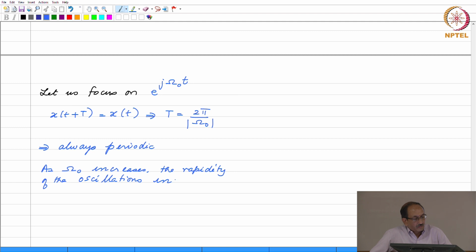It will also increase. The rapidity of the oscillations increases, and there is no upper bound on mod omega naught, right? So, omega naught belongs to the interval 0 to infinity.